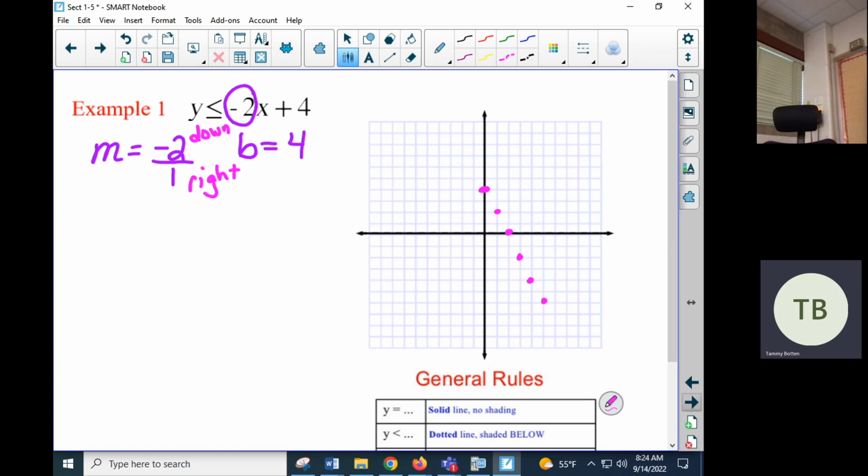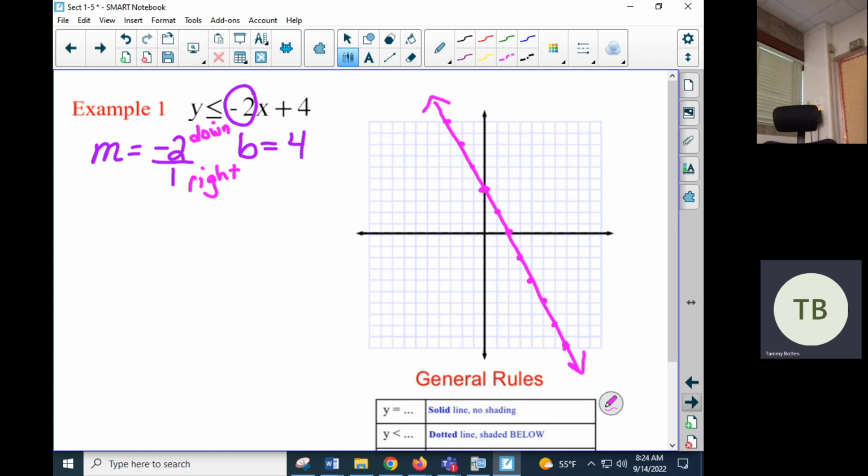And I'll give you guys rulers with the graph paper, which is the same as up and to the left. And should this line be a solid line or a dashed line? Solid because of that equals, okay? So then you're gonna use a ruler to draw a straight line. So your lines are gonna be better than mine.